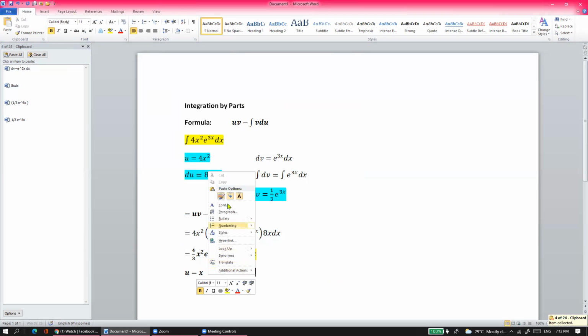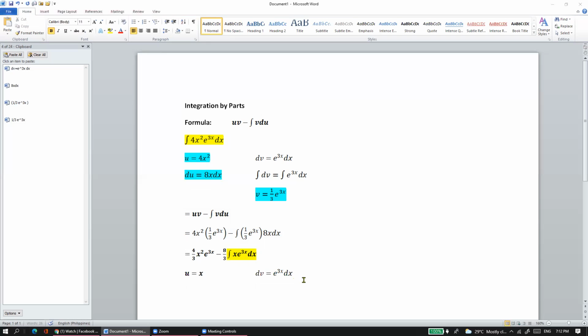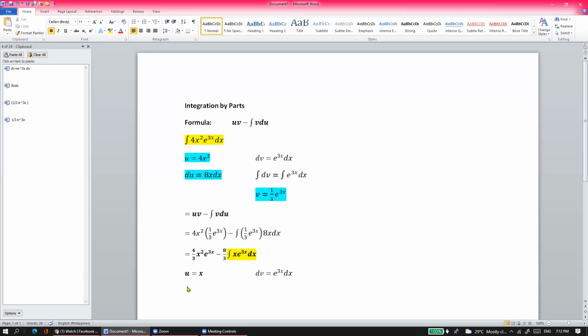Nagkataon na hindi na bago dito. Kasi kitang-kita naman natin na nandito pa rin yung e to the 3x dx eh. Ito siya, oh. Yan. Hindi nawawala. Okay? So, let's proceed. Actually, nag-exist pa rin yung e to the 3x dx. Baka misinterpret yung dialogue natin na permanent.